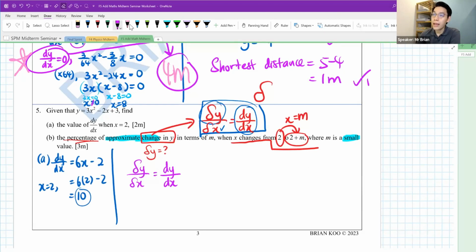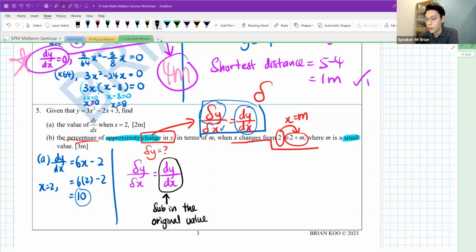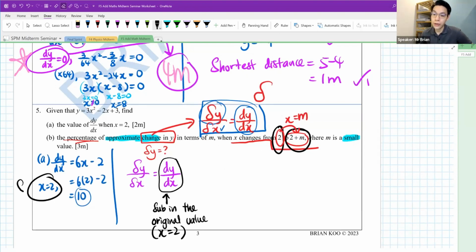Okay, for our dy dx, we always sub in the original value. Okay, always sub in the original value. The original value of x is 2, and from 2, it changes to become this. That's what they say, right? Original value is x equals to 2, which we have already done, you see. We already go and sub x equals to 2 in part A. So part A is actually trying to help you a bit. Okay, so that's why I can use the dy dx value of 10.